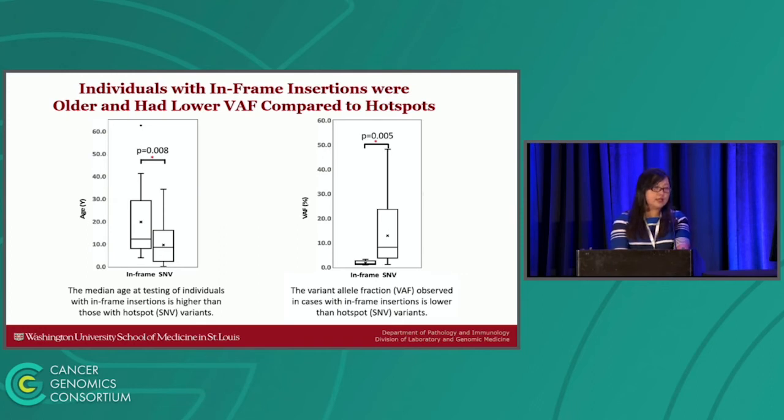The reason and clinical significance of the relatively low VAF associated with the in-frame variants is not very clear now, but there are several hypotheses that I would like to share with you, and we can start the discussion as well. First, in general, indel VAF calling by NGS is more challenging than for single nucleotide changes, so it's possible that the VAFs of the in-frame insertions are underestimated by the NGS caller.